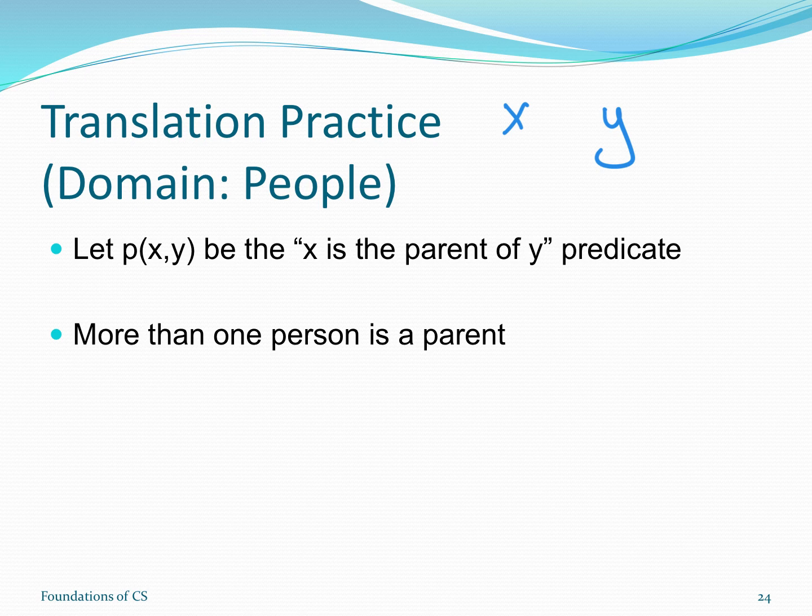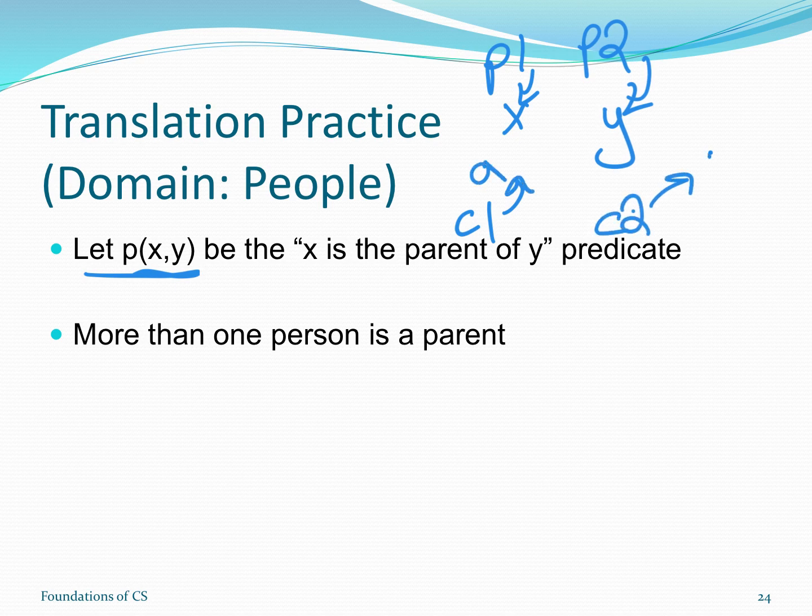But in my definition of parent, I need to define what the children are. So parent 1 is my X and parent 2 is my Y, but they may not have the same children. That doesn't say anything about this. So I'm going to have child 1, maybe I'll call child 1 A, and child 2, maybe I will call them B. So now what I'm trying to say is there are in my domain 4 people.